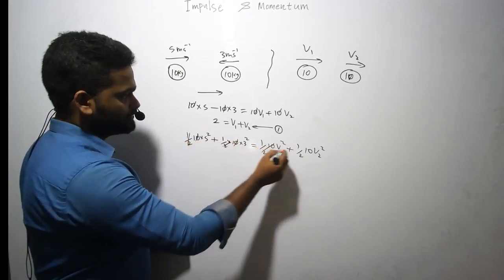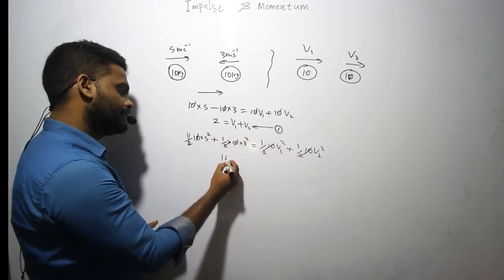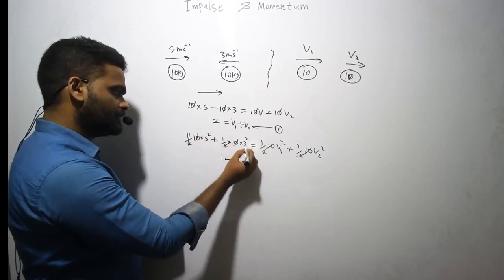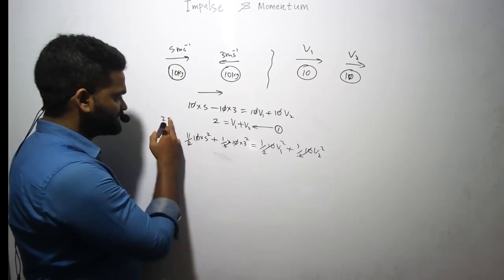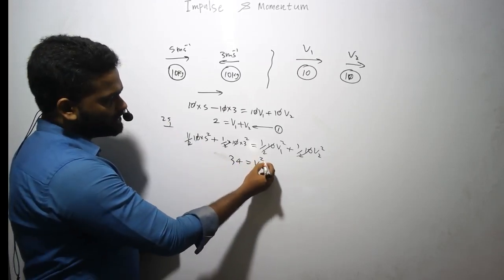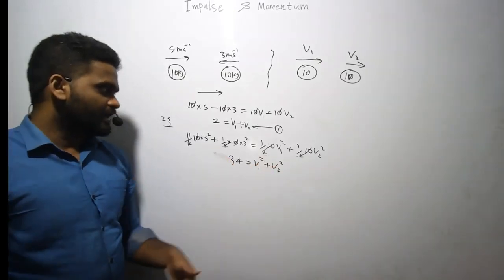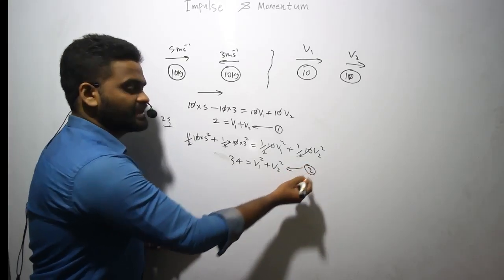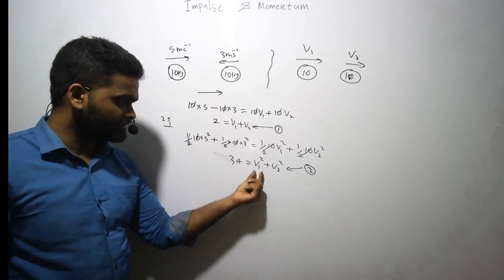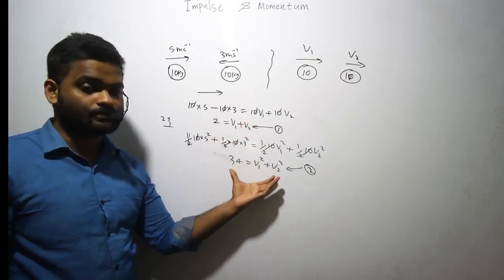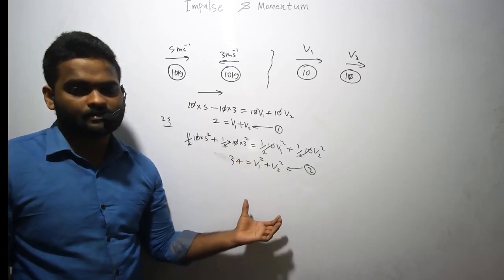So this is 25 plus 9, which is 34, equal to v1 squared plus v2 squared. So when you get two simultaneous equations like this, you can substitute v1 here, simplify these two, and then you get a quadratic equation.